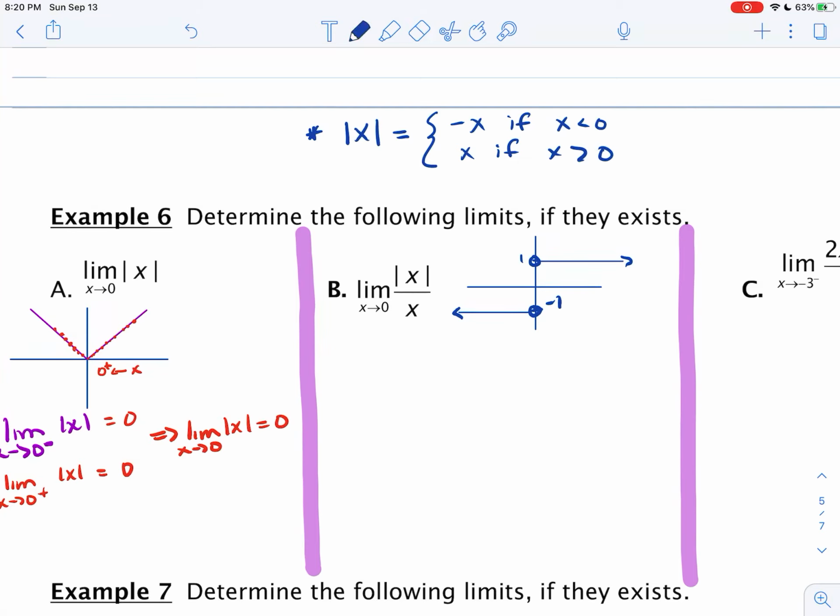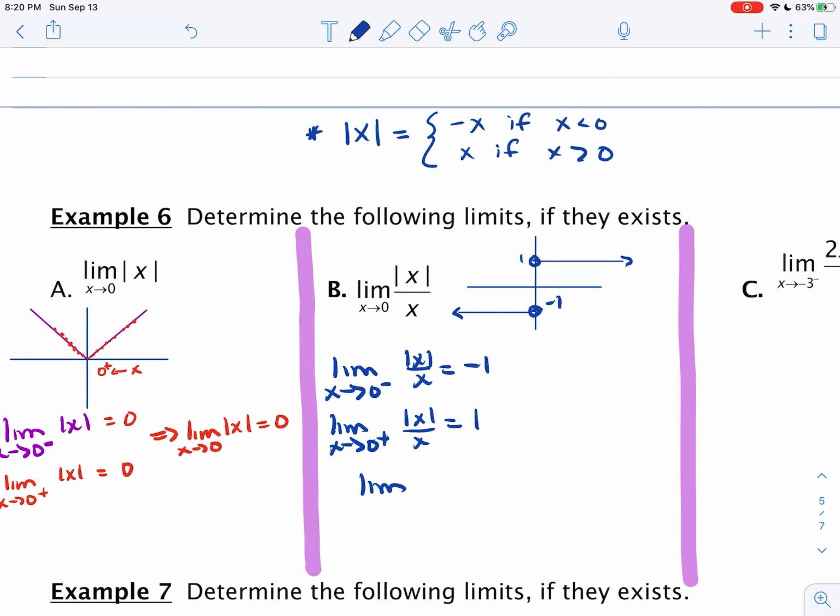Now let's calculate the limit. From this graph I can see that the limit as x approaches 0 from the left of absolute value of x over x is going to give me -1. The limit as x approaches 0 from the right of absolute value of x over x is going to give me +1.